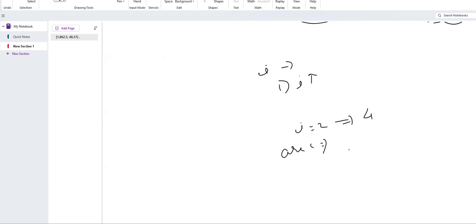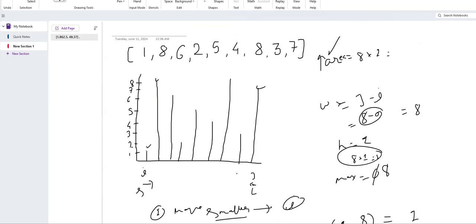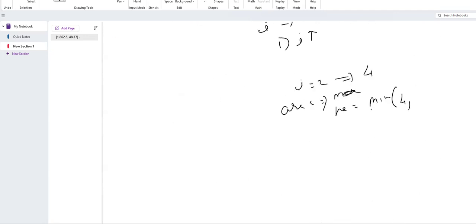If I is going to increase, then height would be min of 4 comma, we didn't change j, it was 7, right? So min of 4 comma 7 would be 4, and the width is going to decrease from 8 to 7, right? So our area would be 4 into 7, which is nothing but 28.